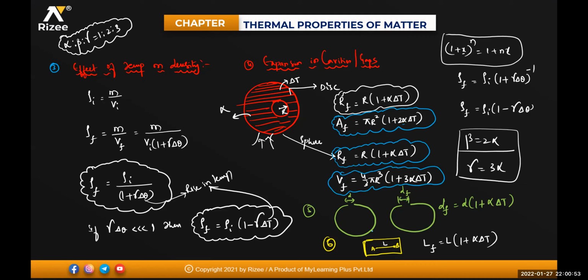Now see in this one, there is a ring like this with a small gap D. If it is heated with a temperature of delta T, the gap between them will increase. The final increase in that gap is calculated with the formula D final is equal to initial distance into 1 plus alpha into delta T. Even in the linear bodies, if between A and B the initial length is L, and you are increasing it to a certain temperature delta T, the final length is given by the formula L final is equal to L into 1 plus alpha into delta T. Is that clear, beta?